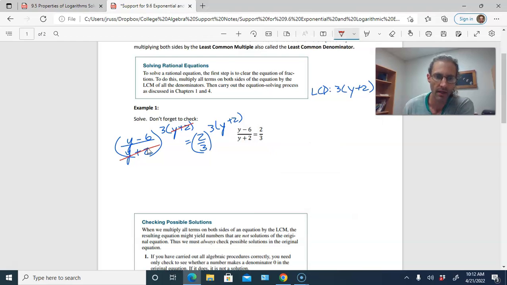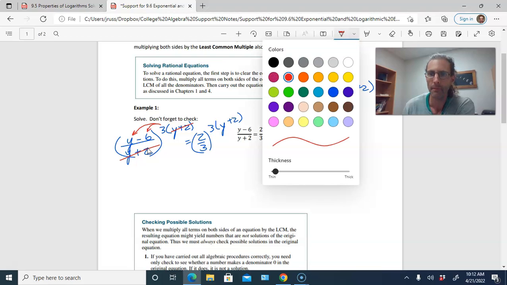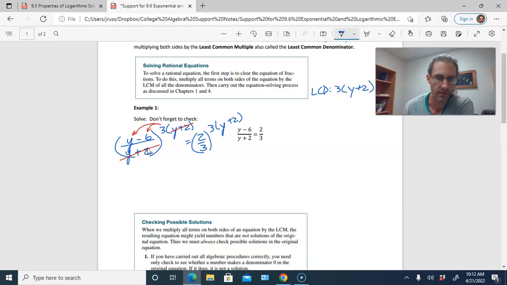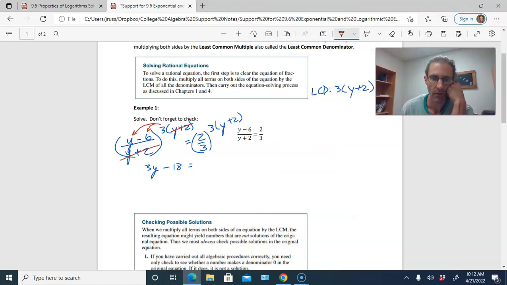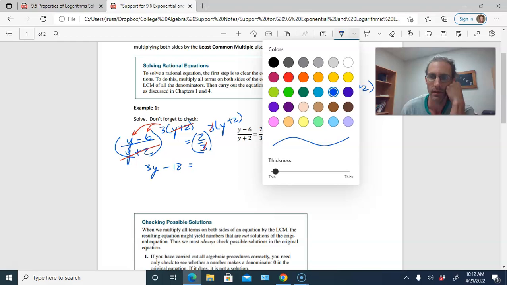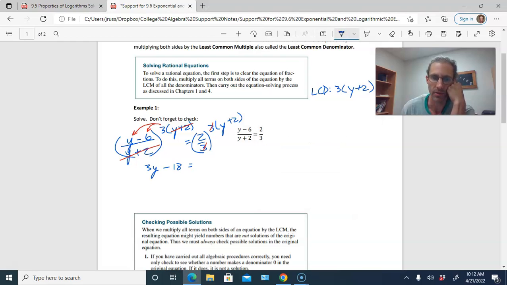And then what you're left doing is distributing this 3. So 3 times y will give us 3y, and 3 times -6 will give us -18. And now on the right-hand side, these 3's will divide out. And we're going to end up distributing this 2. 2 times y is 2y, and 2 times 2 is 4.